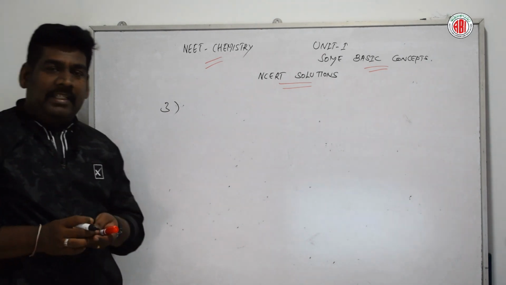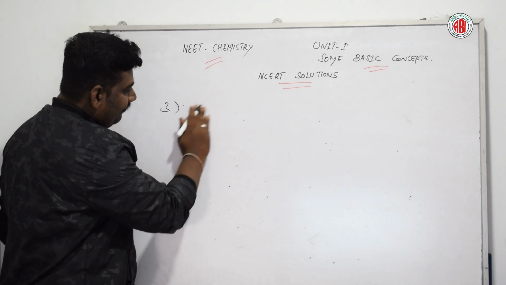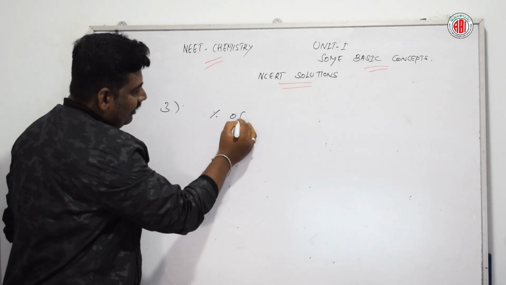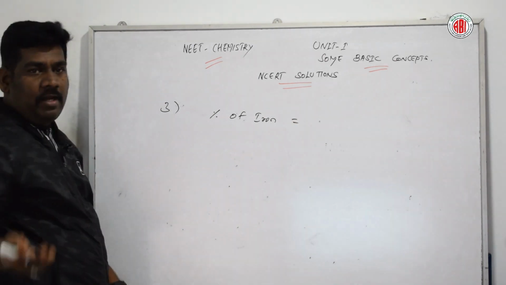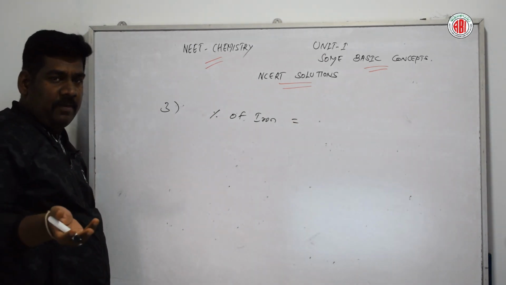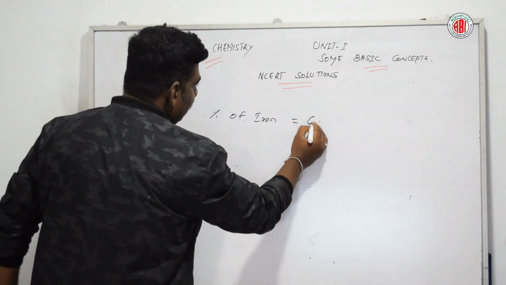The percentage of iron by mass given in the question, the percentage of iron present by mass in the compound, is 69.9%.